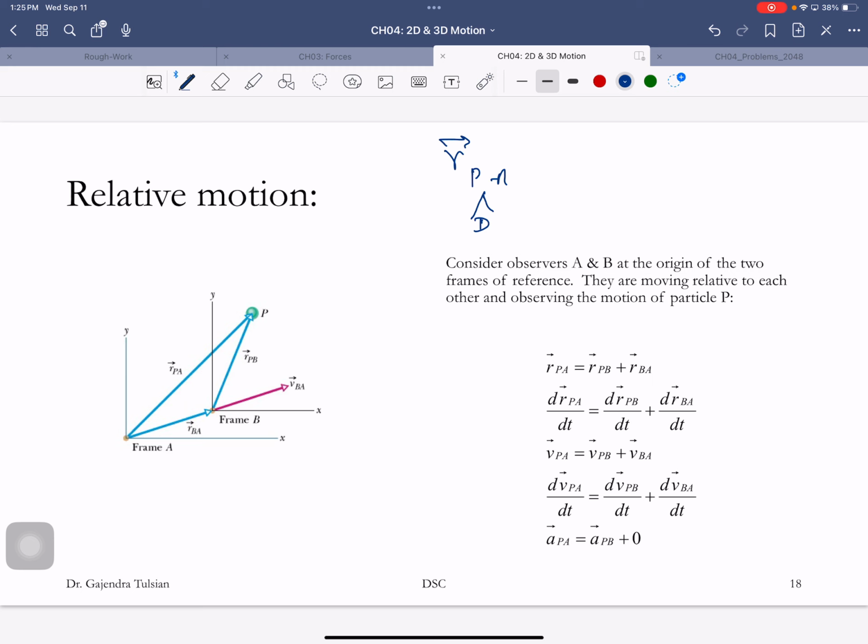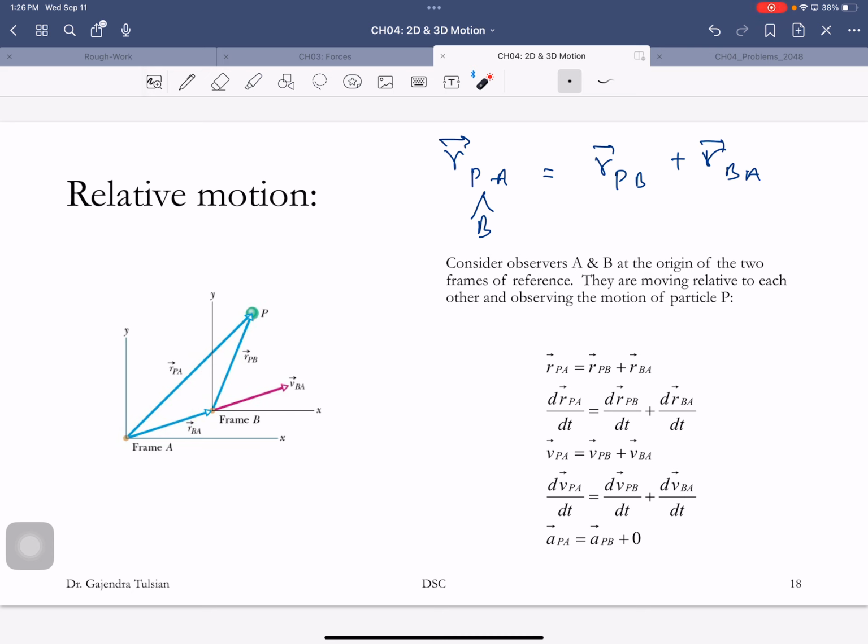So let's say you can insert another frame. Position of particle with reference to B plus position of frame B with reference to A. Okay. So that's how you remember this. You can insert a letter in between. Okay. And now you can just do calculus.